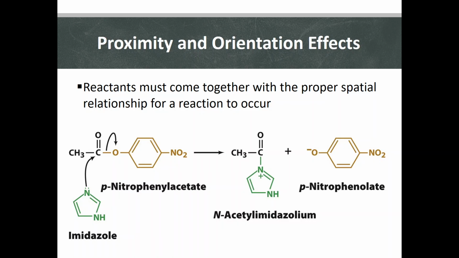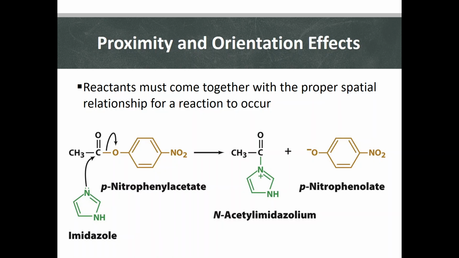The last important mechanistic route that enzymes use is less chemistry and more substrate positioning. So proximity and orientation effects. As we talked about last time, in order for reactants to produce product, they must collide in a productive orientation.